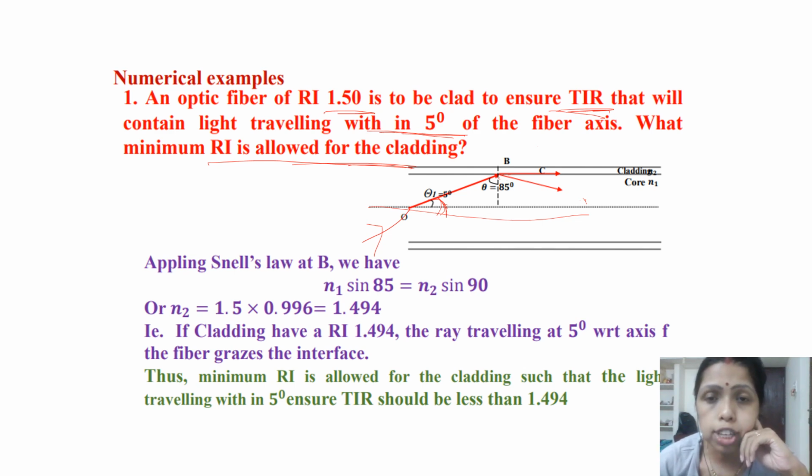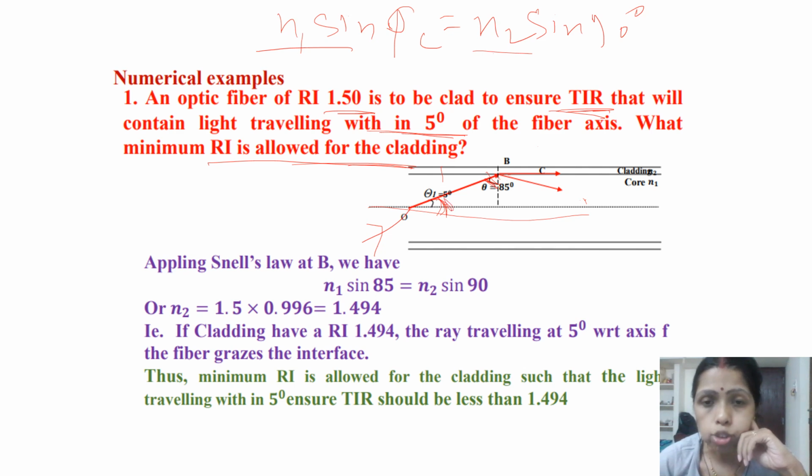If you apply Snell's law at the core-cladding interface, n1 sine phi c is equal to n2 sine 90 degree. You know the value of n1 and you have to calculate n2, but before calculating n2 you have to know phi c. This one is phi c.